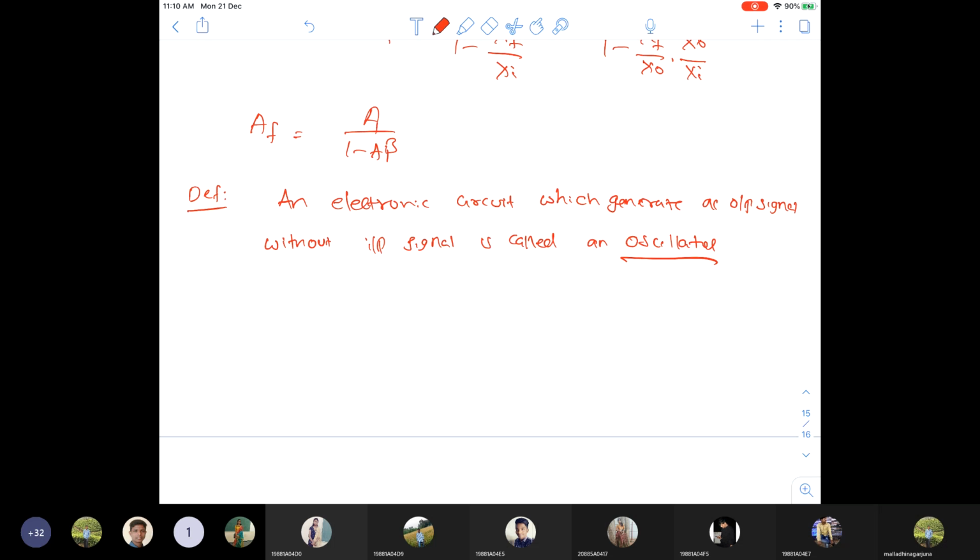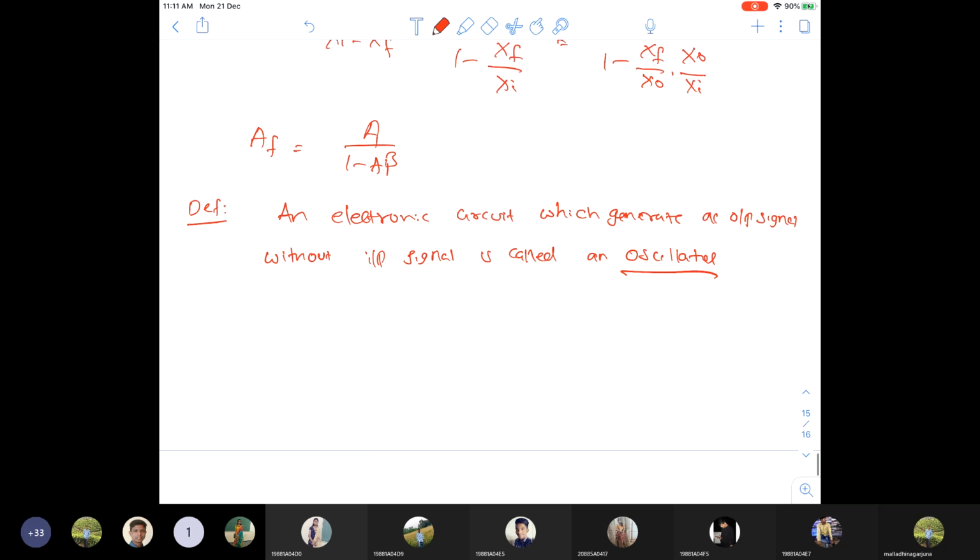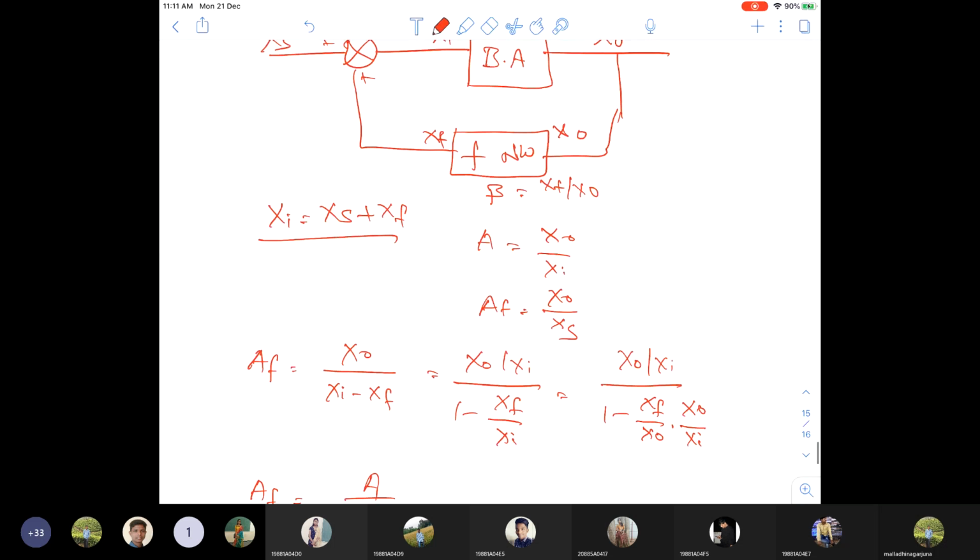Okay, so now why are we using the positive feedback only here? Why can't we use negative feedback? We know that according to the definition there is no input signal, so xs is equal to 0.